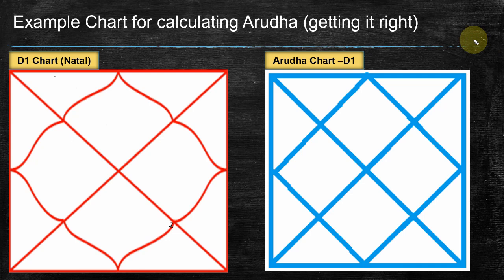Let me consider a sample horoscope for which we can calculate the Arudha Padas. That way you will get a good understanding rather than assuming some random fictitious Lagna.